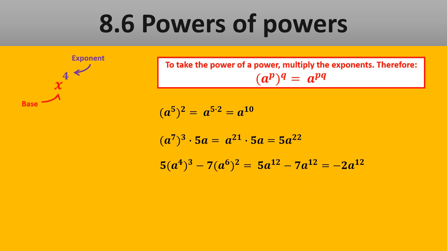Okay? As you can see, we now have already quite a few rules. We have the power of a power, this thing. We have the power of products. We have powers times each other. We have powers added. Be on the lookout for when you have to apply which rule, because that's the most difficult part on the test. On the test we throw stuff at you not in a particular order, right?